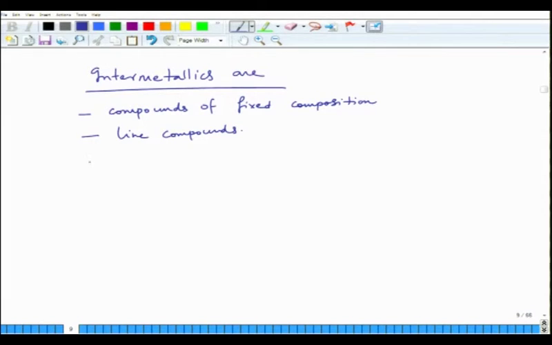The examples are, first one, Fe3C or cementite in steel. A lot of times you have Ni3Al, the nickel aluminum system.